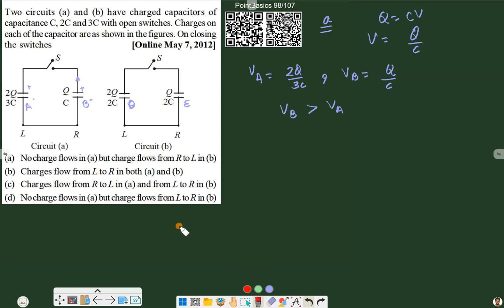The direction of flow of current should be something like this.